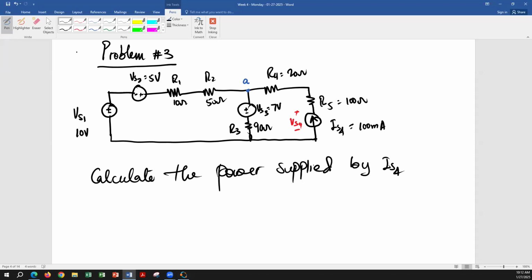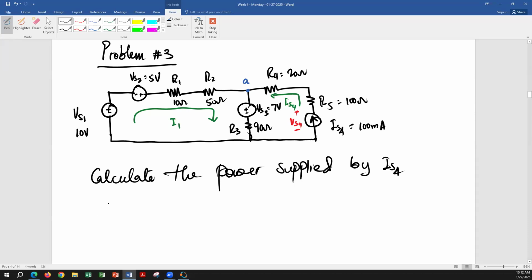Since we have used KCL and nodal analysis a couple of times, let's go ahead and solve this using the mesh analysis. Our mesh current here is I1, and our mesh current here is IS4. So we don't need to apply the mesh analysis on the right loop because the current source is in the exterior branch.